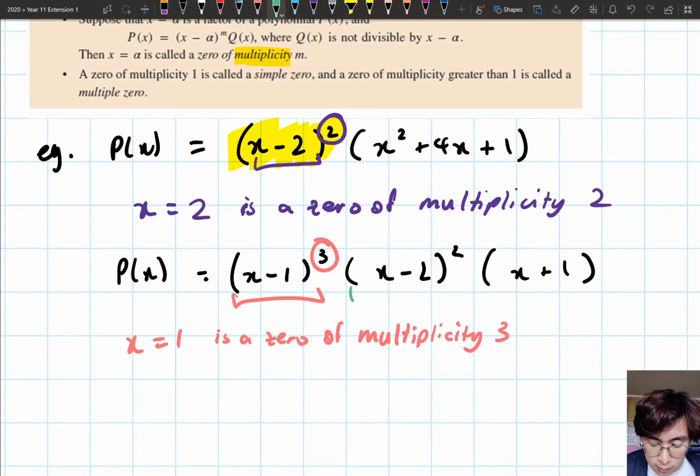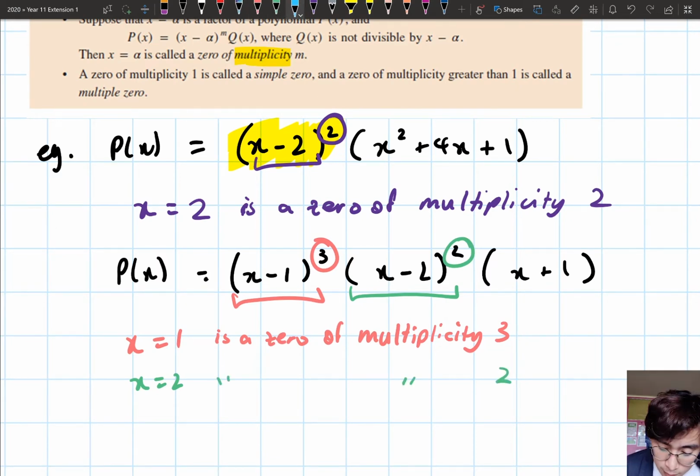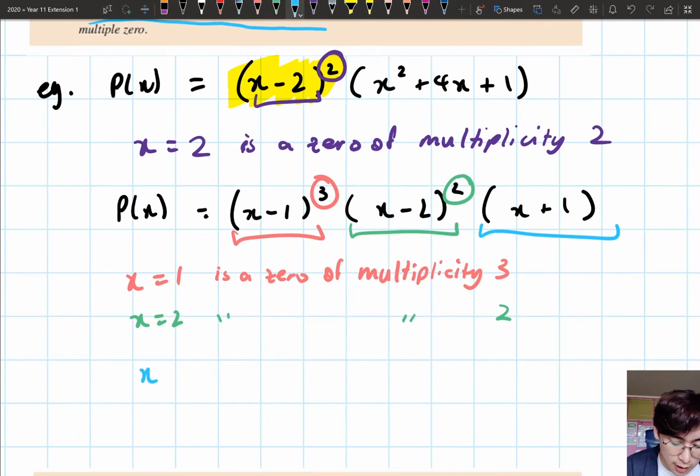Next, x is equal to 2 is a zero of multiplicity 2. And the last one, that's what this second dot point is: a zero of multiplicity 1 is called a simple zero. So x is equal to minus 1 is a simple zero.